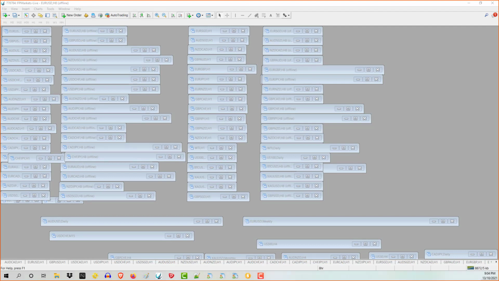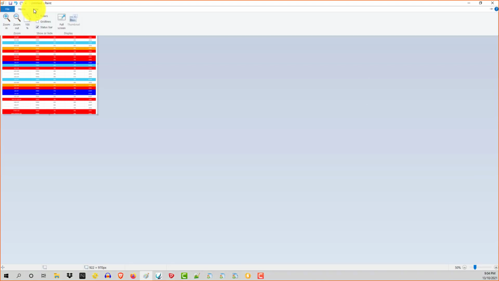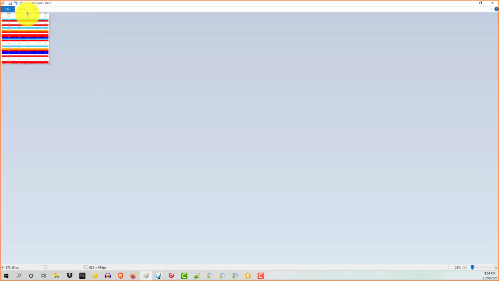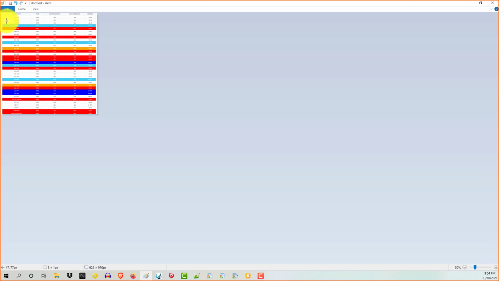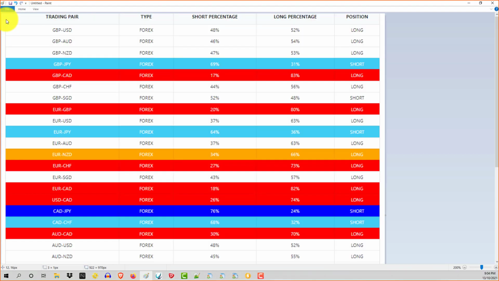So the first thing I want to point out is that I like to use a little handy dandy, let me zoom in so you can see it, my little strength of trend indicator, the open position ratios. Now you'll find those in lots of places.